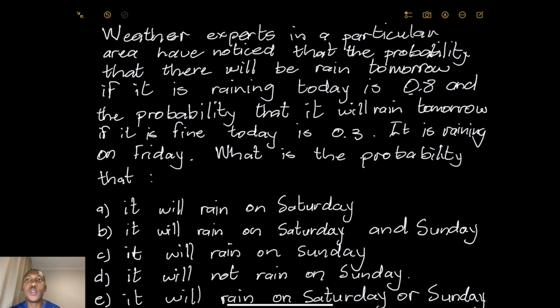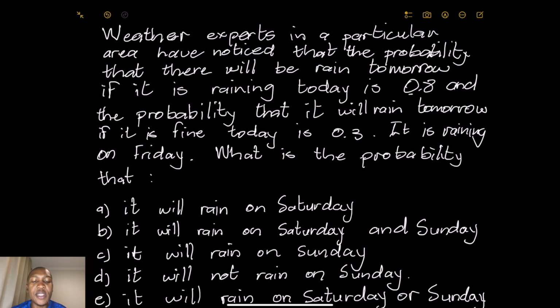So if it rains today, then the chance that it might rain tomorrow is 0.8, which means it's 80%. And they say the probability that it will rain tomorrow if it is fine today, meaning if it's not raining today, is 0.3.